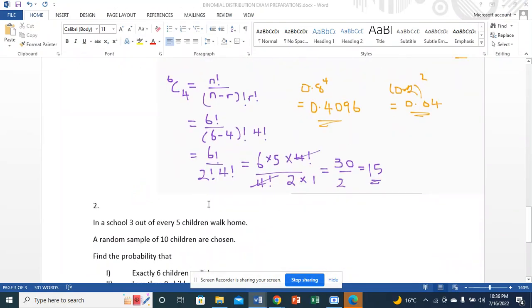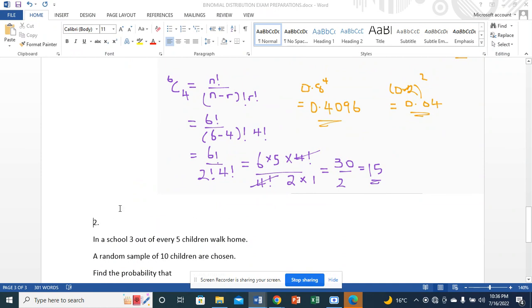Now go to the probability that five marketing strategies are effective. Right? The probability that five market strategies are effective.